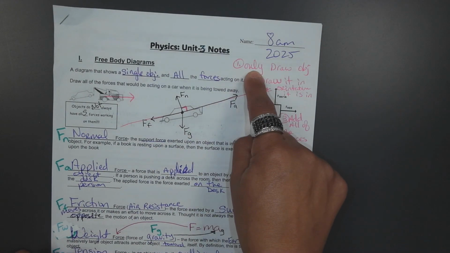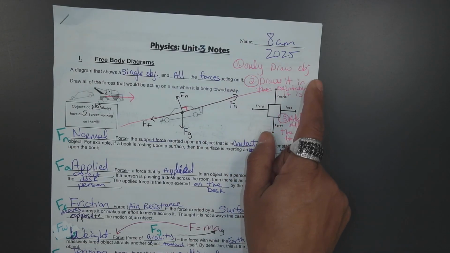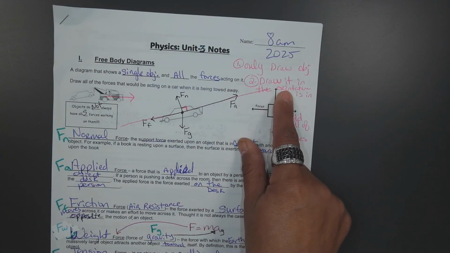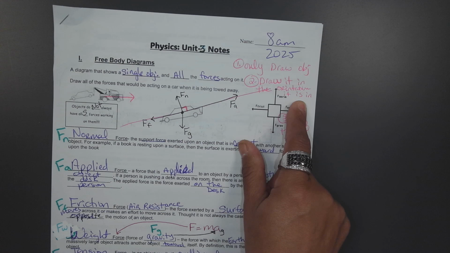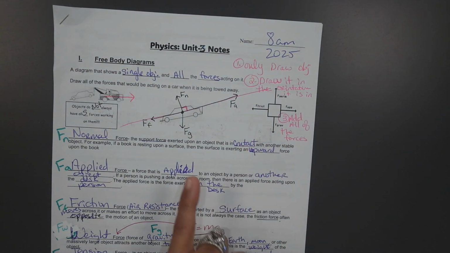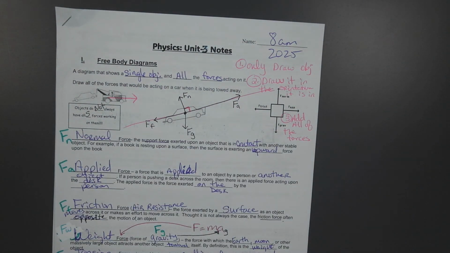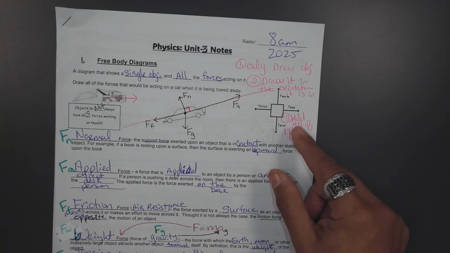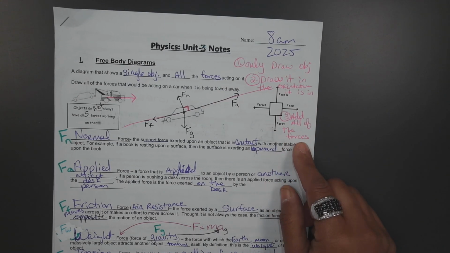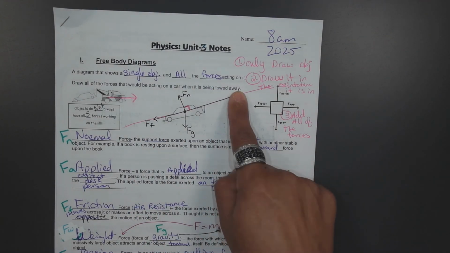But as a quick review, you're only going to draw that object, number one. Number two, you're going to draw it in the orientation that it is in, as in, is it at an angle like this, or is it flat horizontal. And number three, you're going to add all of the forces that are being applied.